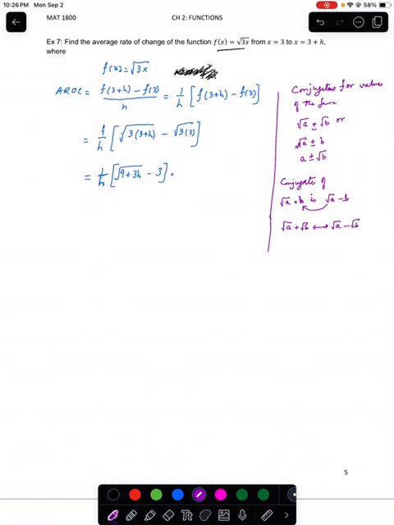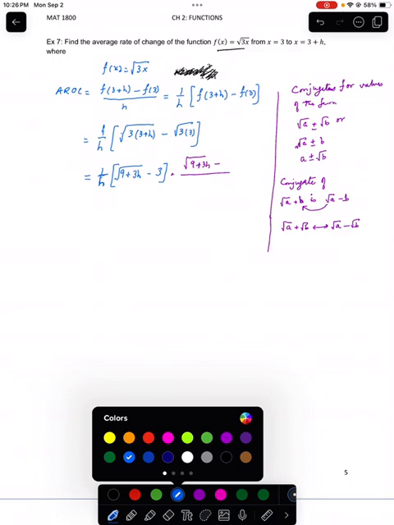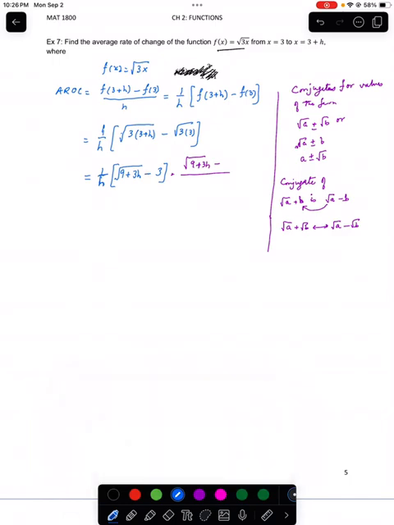And in the same way, here we will multiply by the conjugate, which will be square root of 9 plus 3h, not minus, now it will be, because there is a minus sign in the expression. So we will now have a plus sign here.